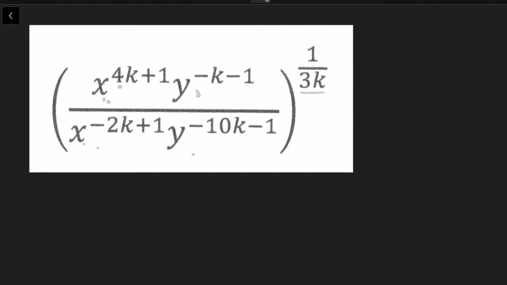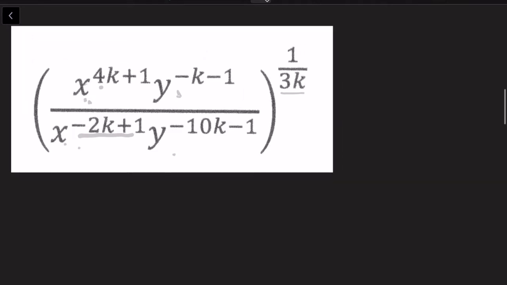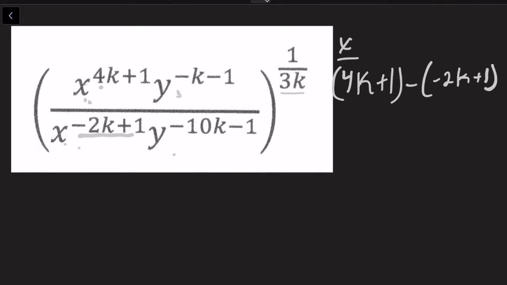So what we can do is subtract. We can take our 4k plus 1 and subtract the smaller exponent on the bottom. So for our x's, we're going to have 4k plus 1 minus -2k plus 1.